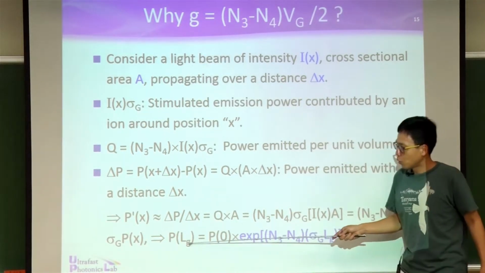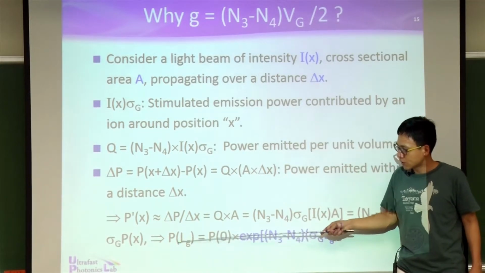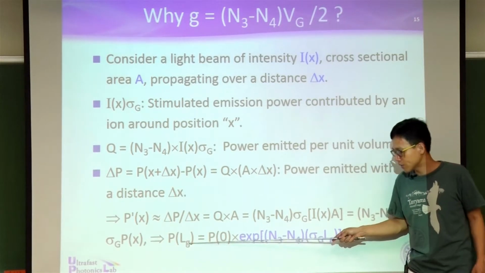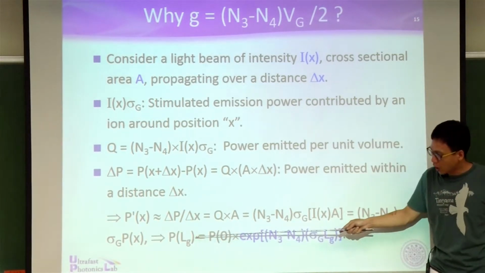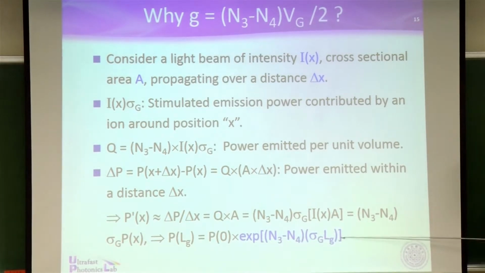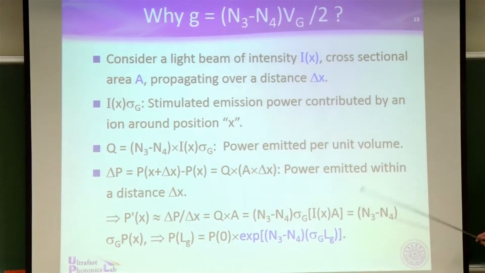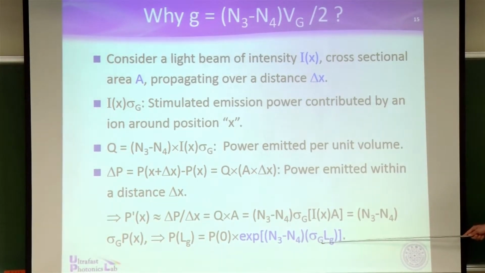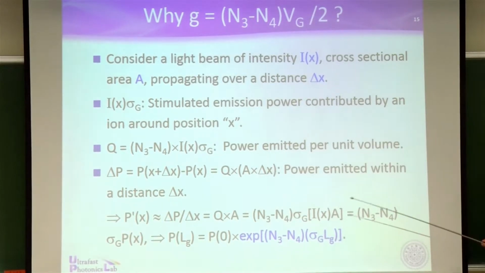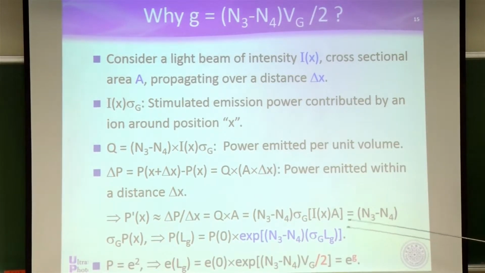So when the propagation distance is Lg, the working distance, you get this result. Output power equals input power times an exponential function. And the propagation distance is a constant, Lg. And sigma g times Lg is already the effective volume as we defined before.